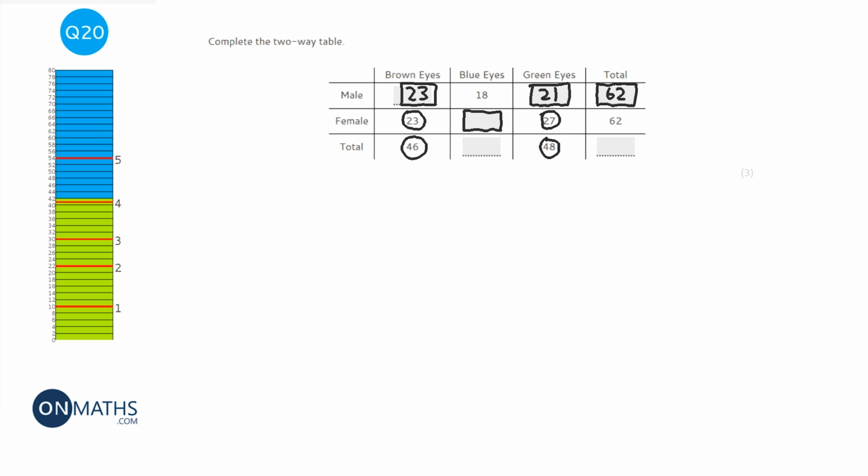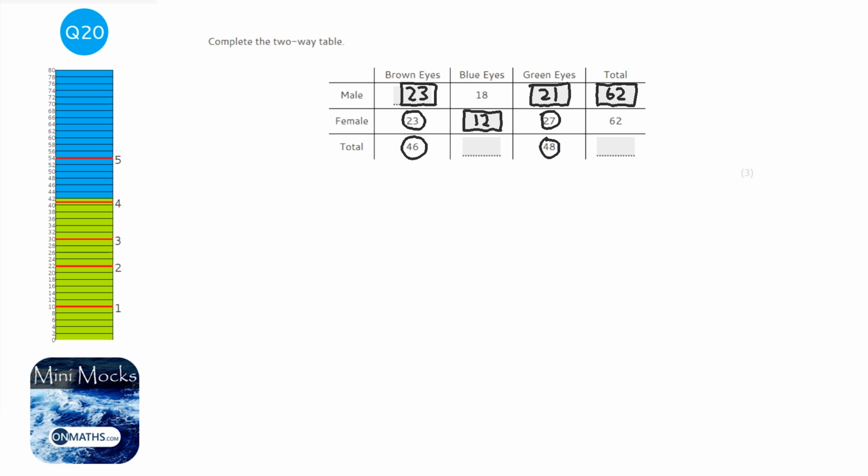So we've got 62 females altogether, and 27 of them have green eyes and 23 of them have brown eyes. So we take the 23 and the 27 away from 62, and that leaves us with 12. And we can just check that. We can do 23 plus 12 plus 27, and it equals 62. So we know that's right.